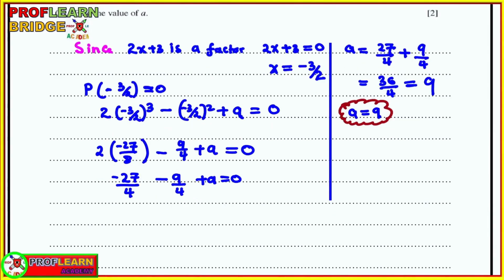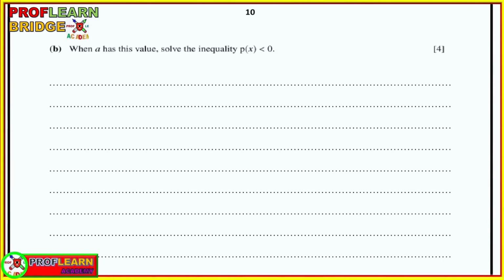So let's see the next question. Now that we have the value of a, which is 9, solve the inequality p(x) less than 0.